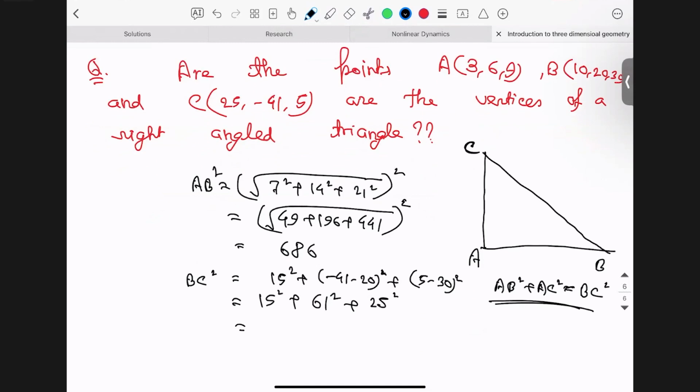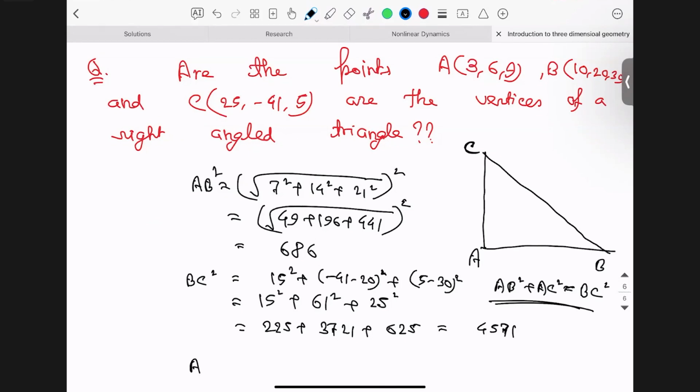So ultimately, this will give us 225, this will give us 3721, and this will give us 620. If I add all those things, we will get 4571.